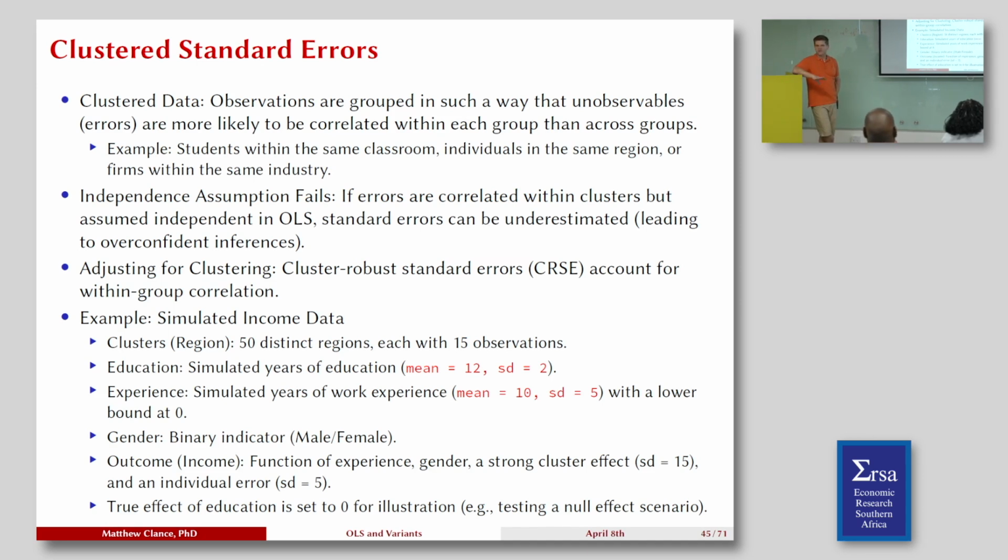These are all things that I'm just trying to keep general right now. And then I'm going to make a big assumption here, and I'm setting this effect to 0 so that I can see whether, if the effect is 0 but for some reason it becomes significant, that would show that it's not doing a very good job because I've set it to 0.